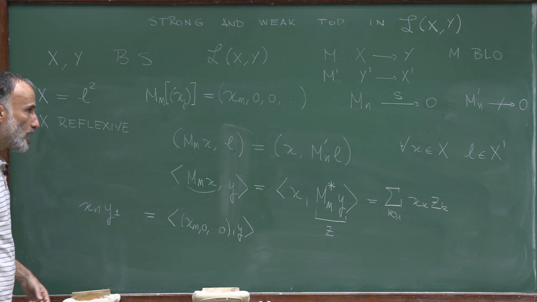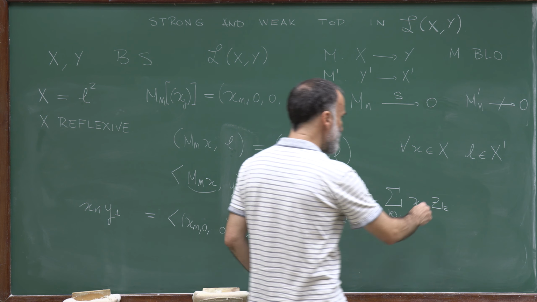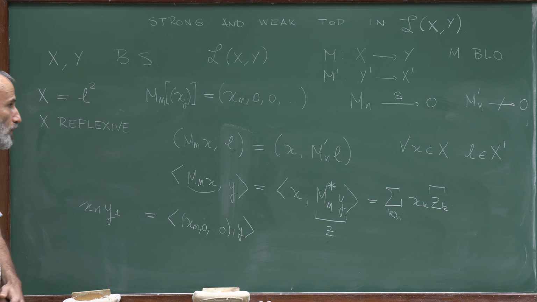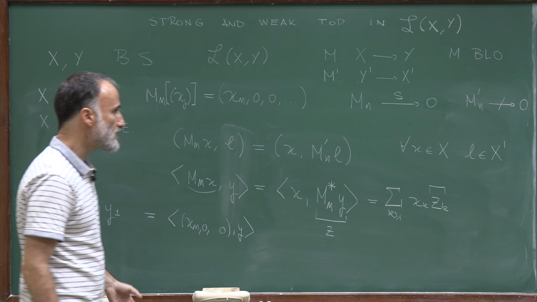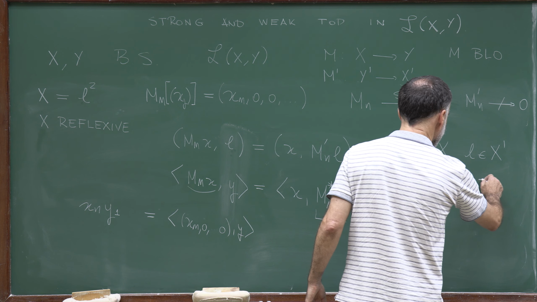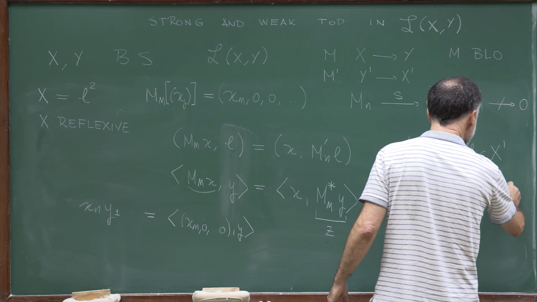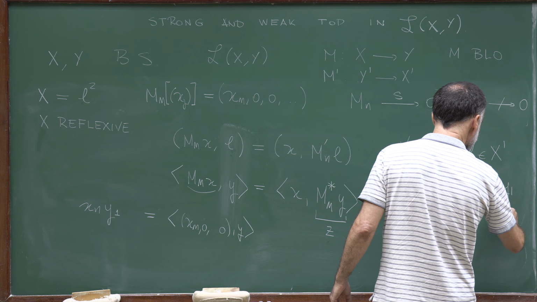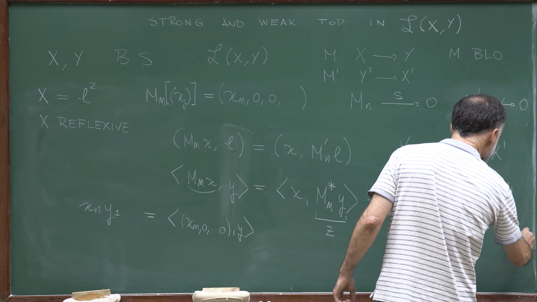So from this fact, we get that for this identity to hold, zn has to be equal to y1, and zk has to be equal to 0 for k different from n.